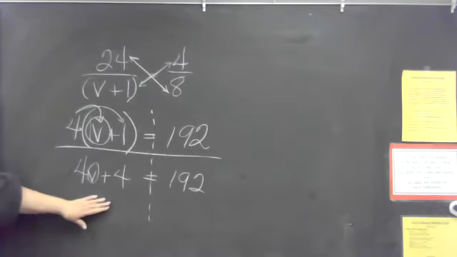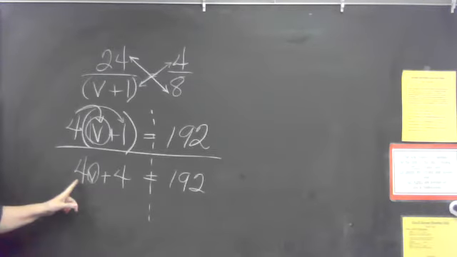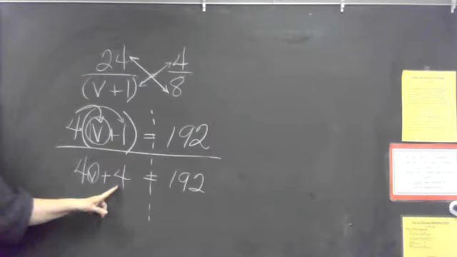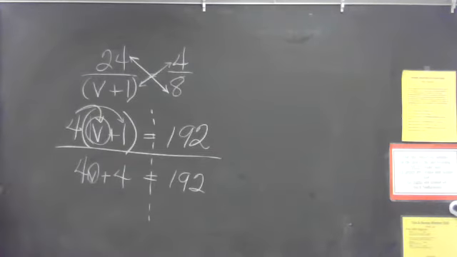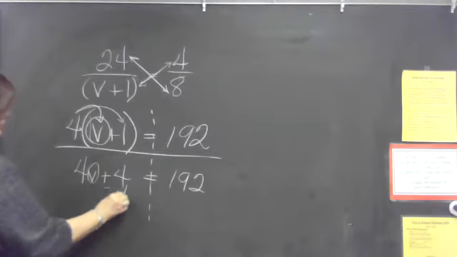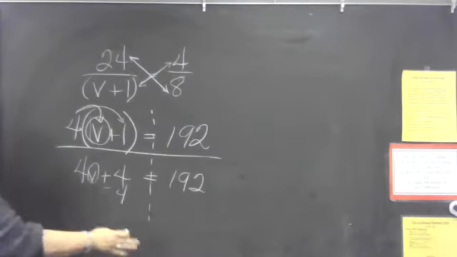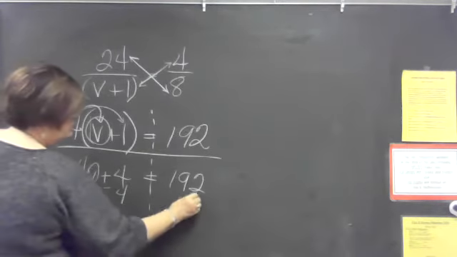Now we're to a place that it's much easier for us to finish. We're still going to focus on this side. We know we need to get rid of this 4 and that 4. And it's very important which one we get rid of first. Which one are we getting rid of first? The plus 4, because he's the straggler, right? In our little story. So I'm going to subtract 4 here, and before I do anything, automatically put it on the other side.